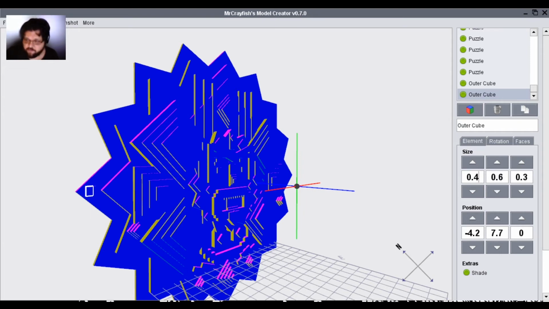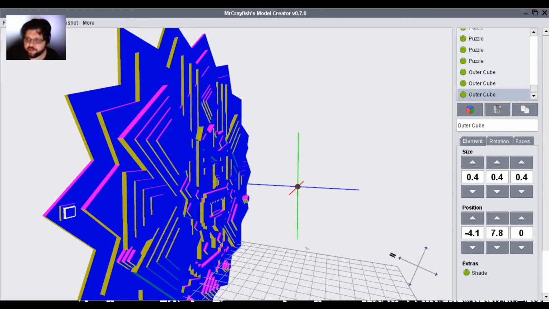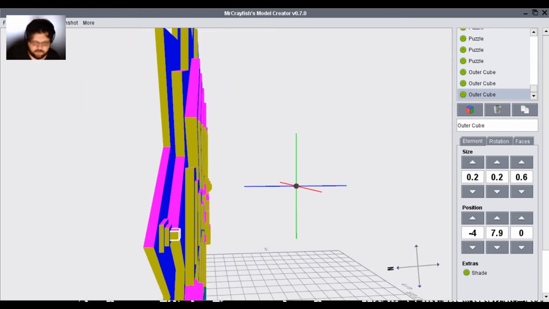Let's make this a 0.4, and let's bump you up to 0.1, 0.8. Nice. And now you are a 0.4. Let's do again. 0.2, 0.2, 0.6. I went too far again.